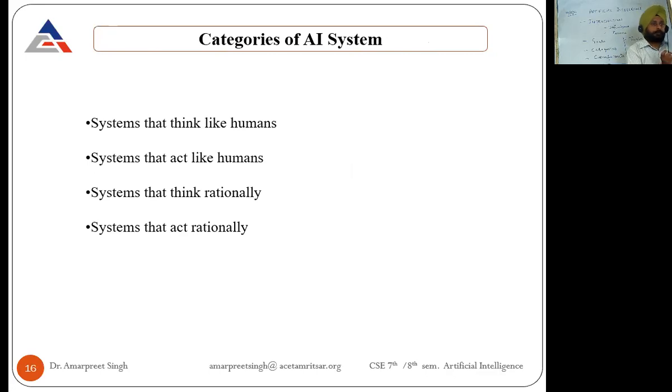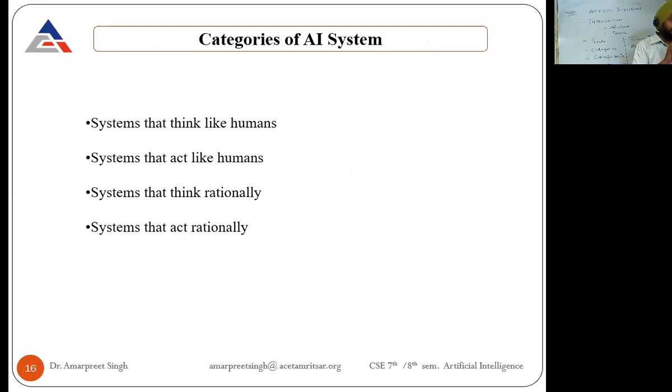Now the categories of AI system, same as the previous slide. The first category is systems that think like humans. The second category is systems that act like humans. The third one is systems that think rationally. And the fourth is systems that act rationally.